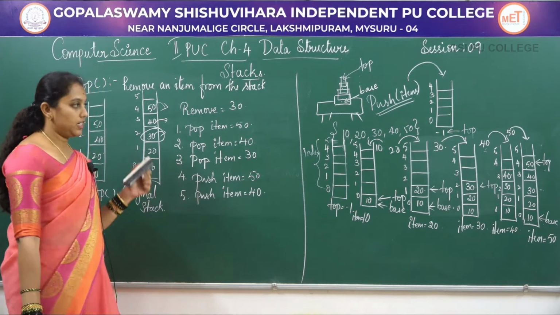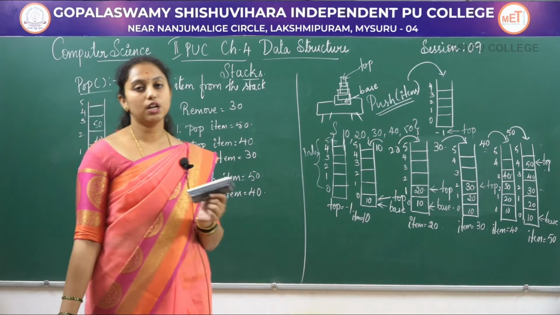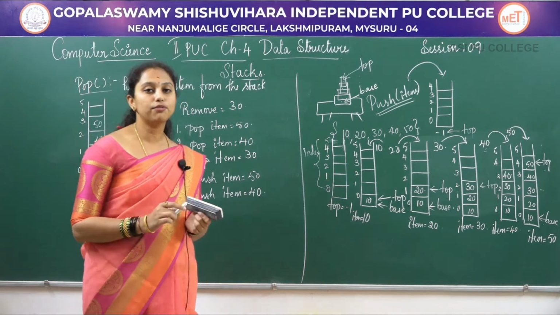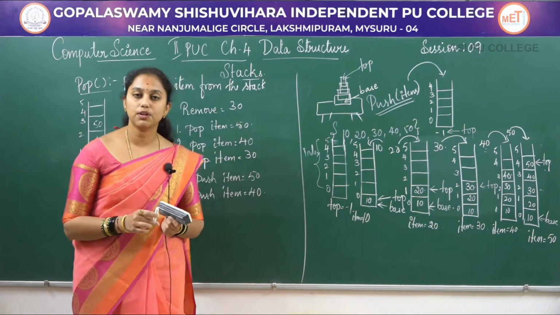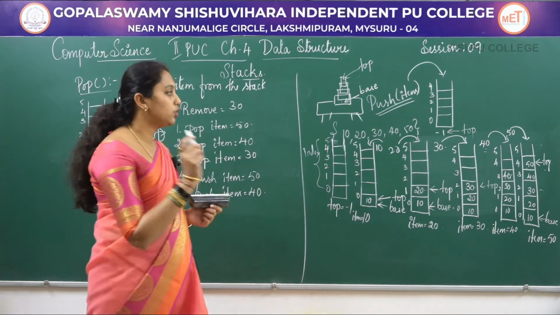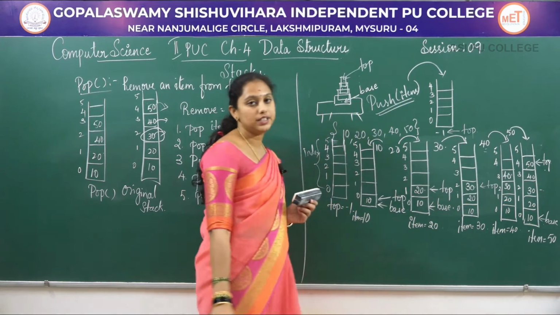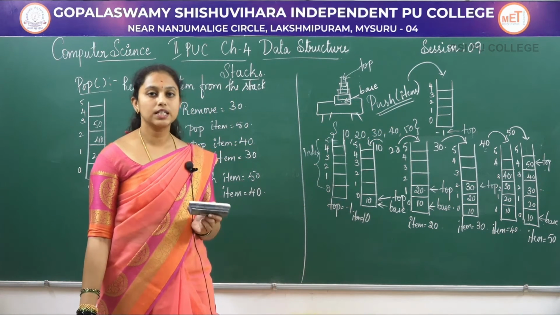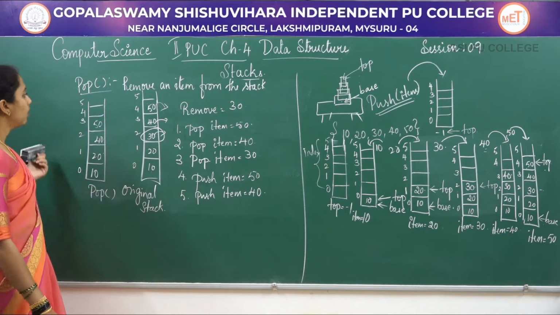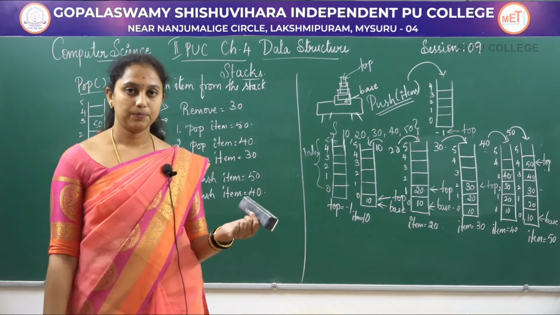If we want to add an item into the stack, we use the push function, and using the pop function, we remove an item from the stack. New items are near the top of the stack and the older items are nearer to the base of the stack. So now let's see what operations we can perform on a stack.